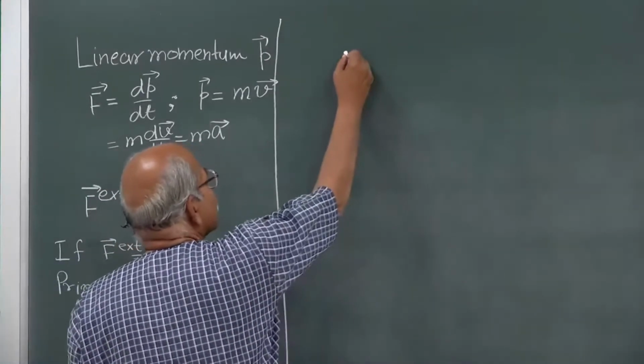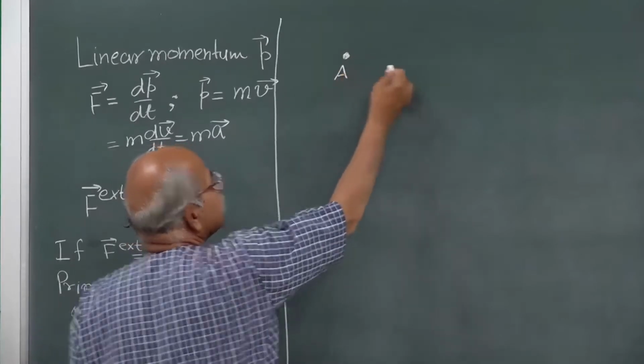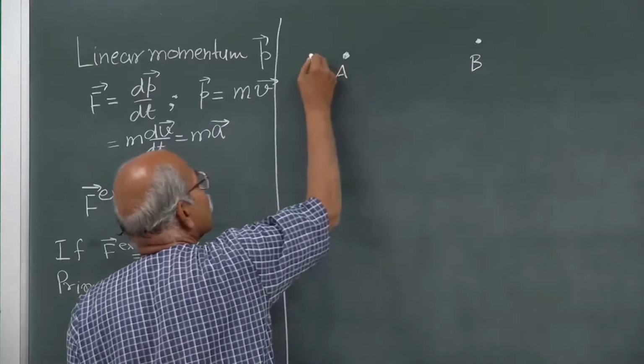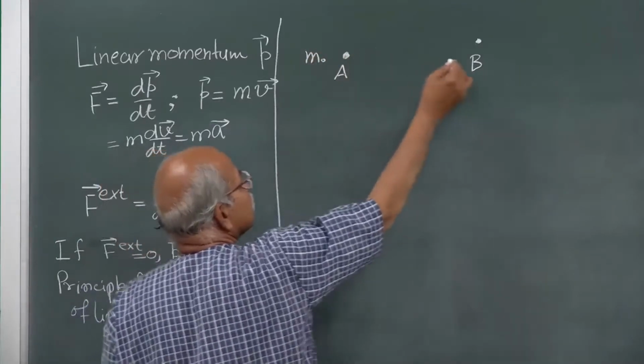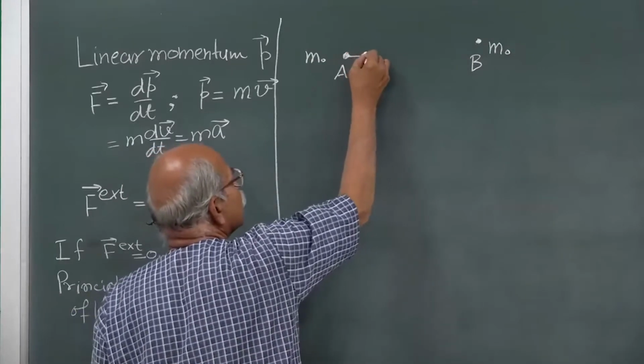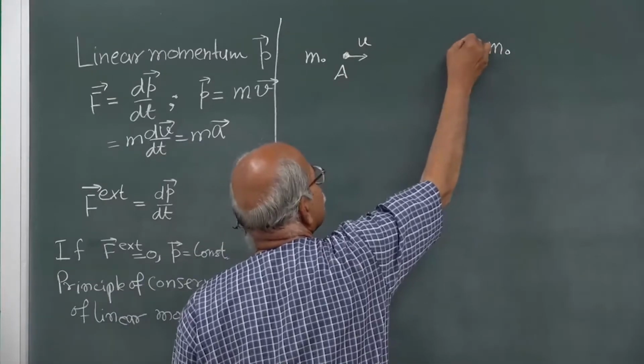Let us take two particles A and B on the x axis, each of mass m naught, and then they are moving towards each other with same speed u.